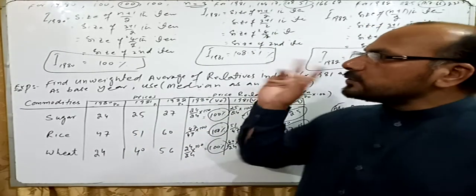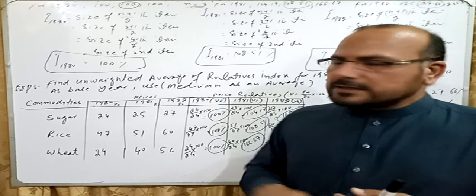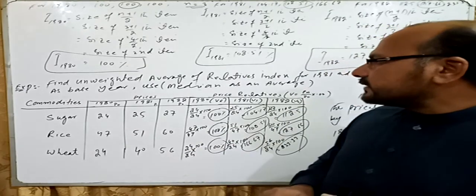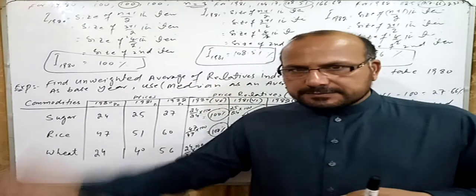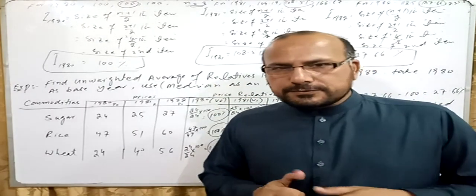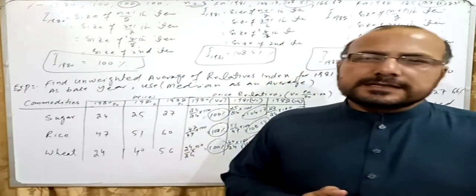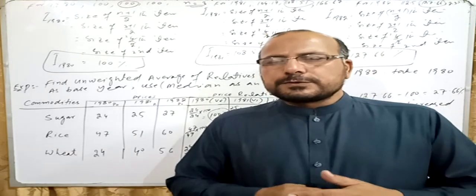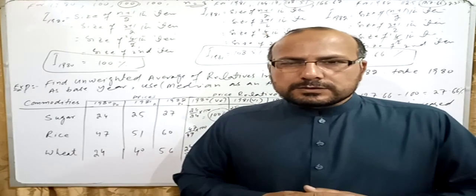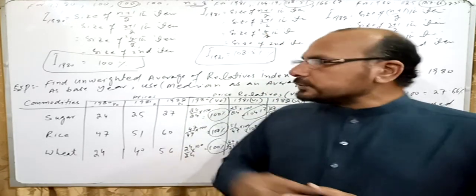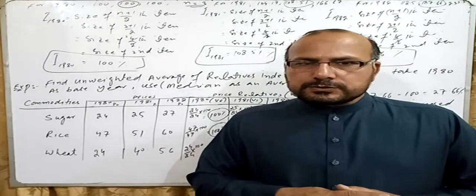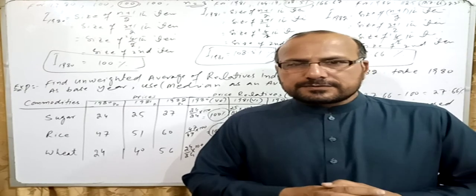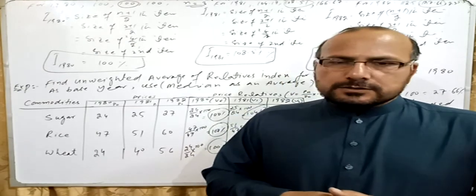I will give you a few examples in the notes, as well as a few questions as an assignment to use arithmetic mean and median as an average and calculate the unweighted average of relatives index.